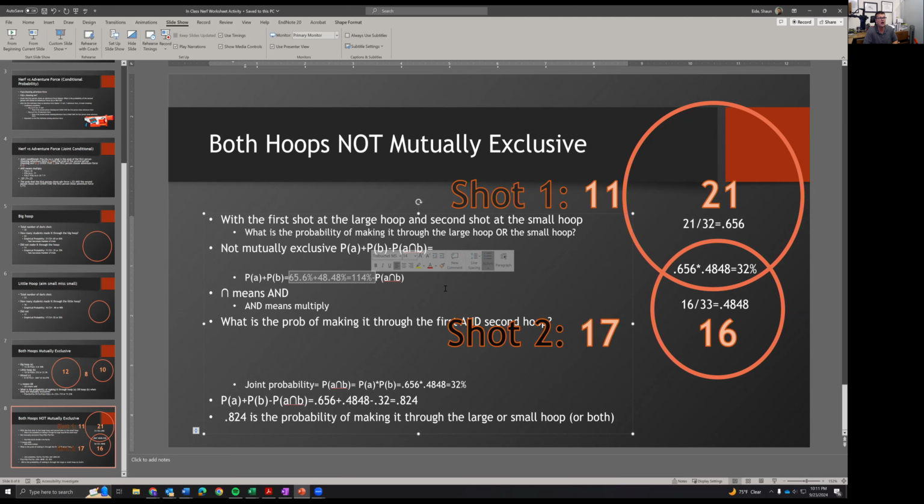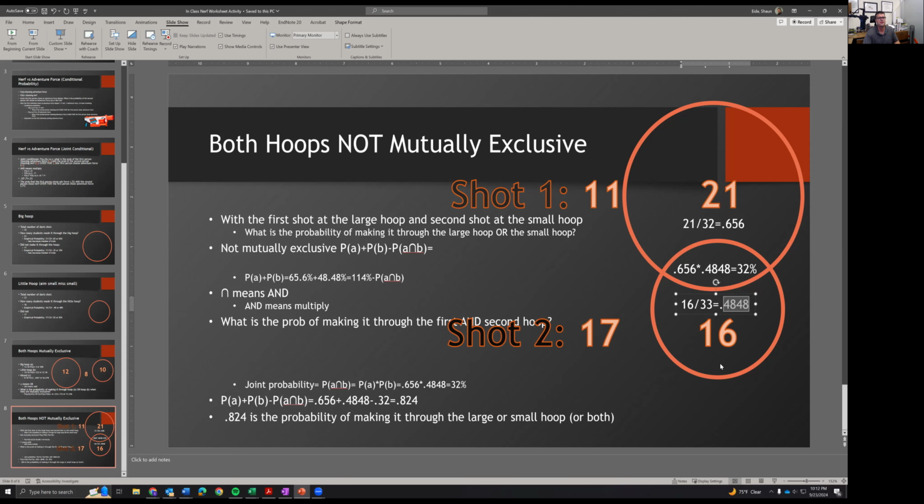The reason why it's above 100% is that when you are calculating the probability of making it through the big hoop, and the probability of making it through the little hula hoop, it is counting this middle section twice. So I calculate the probability of making it through the big hula hoop, which is 0.656, and the probability of making it through the little hula hoop, which is 0.484.